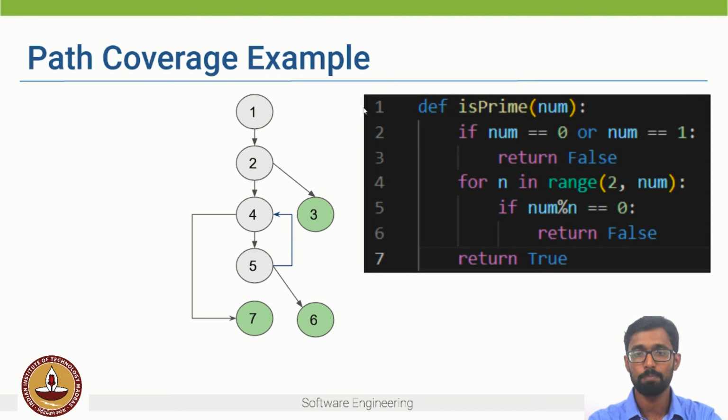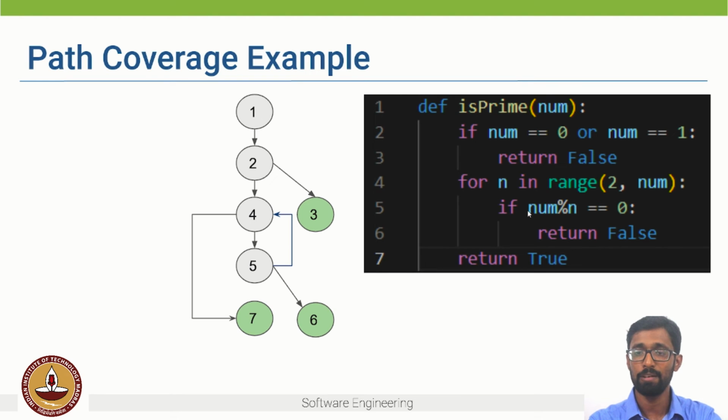For example, we start from line number 1, then at line number 2, we can either go to line number 3 and exit the function, or we can move to line number 4. Line number 4 is a for loop. Either at the start itself the condition is not satisfied, so we jump to line number 7, or we go to line 5.